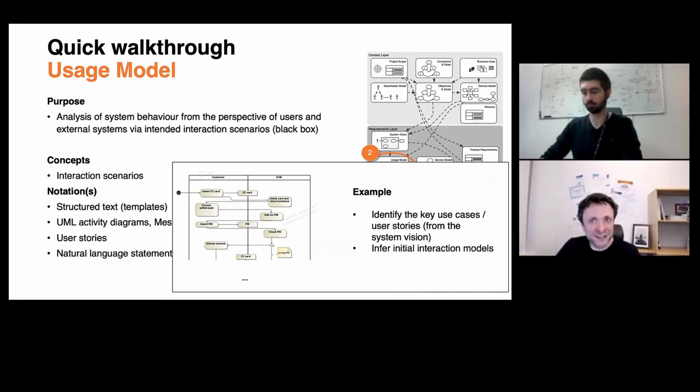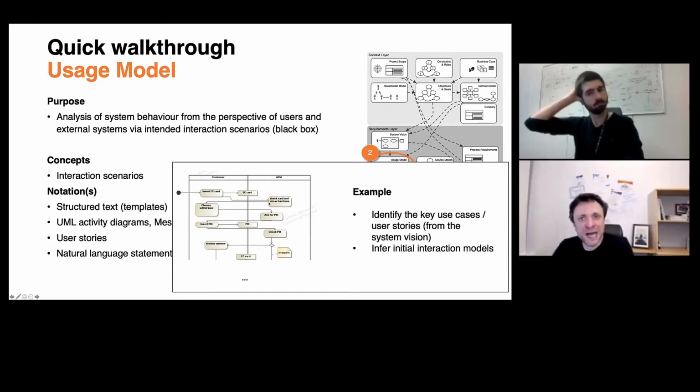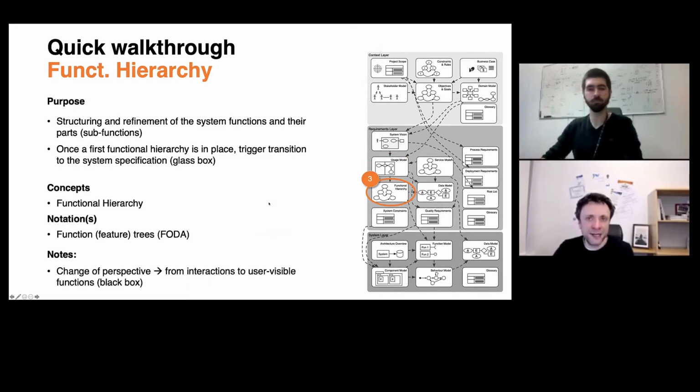Once I have understood how I intend to interact with the software system, I can identify the first major functions in my software system, which brings me to the last step, which is the functional hierarchy. Now, the functional hierarchy takes those system-sided functions and does nothing else than a change of perspective. So, for example, in context of a use case where I authenticate as an end user, one element in my activity diagram could be that the system should verify my identity.